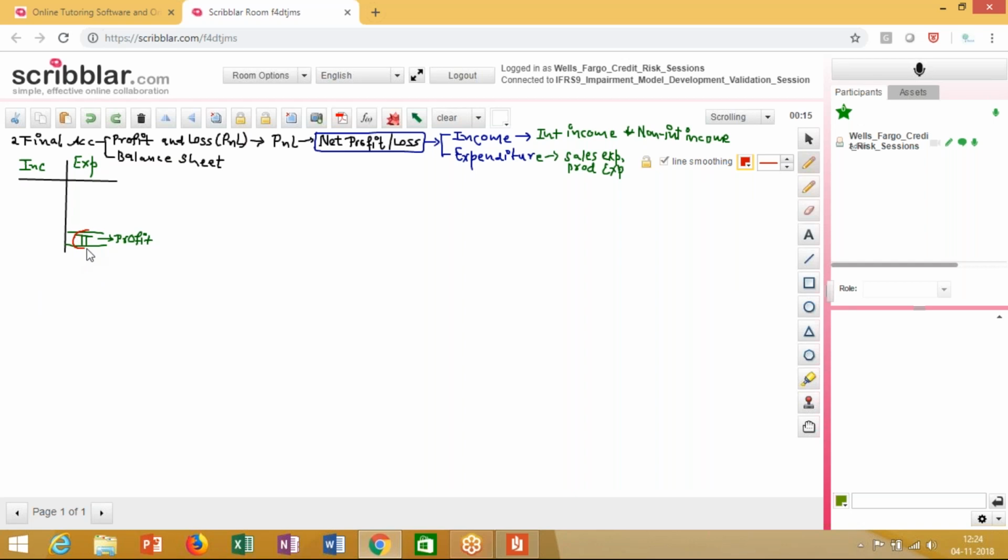One part of this profit will go out as stakeholder dividends.